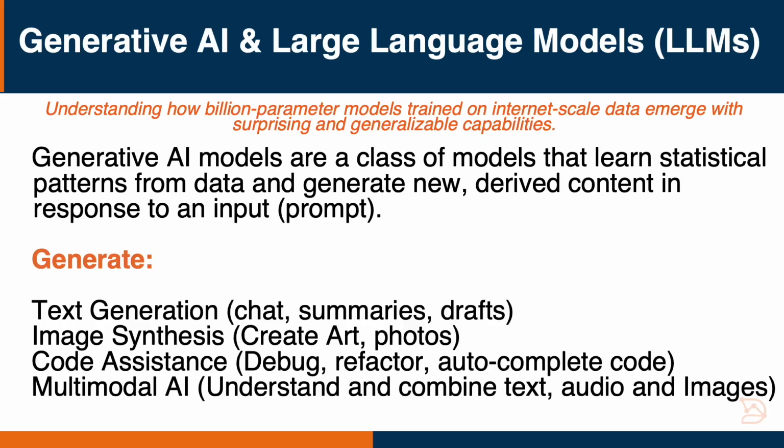So now the applicability here is we are able to use LLMs to do text generation. An example is ChatGPT. We can also use it for image synthesis and creating arts and videos. One really cool application that LLMs are thriving in currently is code assistance, where you have a lot of applications like Codex and Claude Code doing amazing in coding.